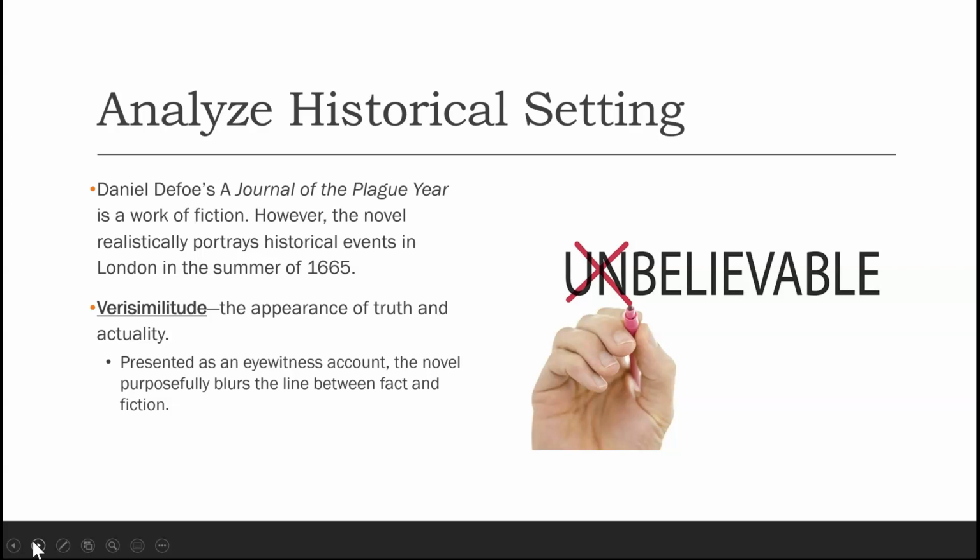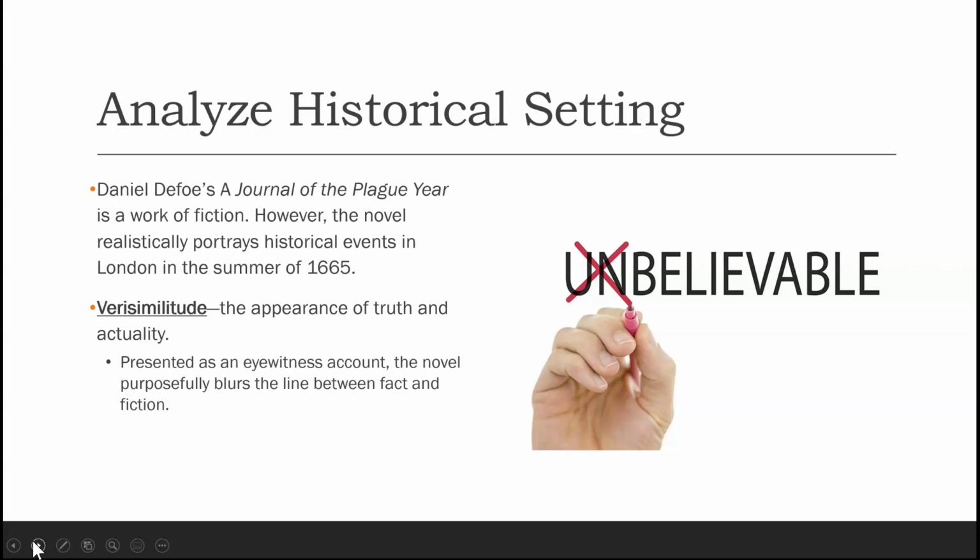So the whole point of writing the novel this way is to create that verisimilitude, so the appearance of truth and actuality. The author wants us to believe that the things that they're describing are real or actually happened.